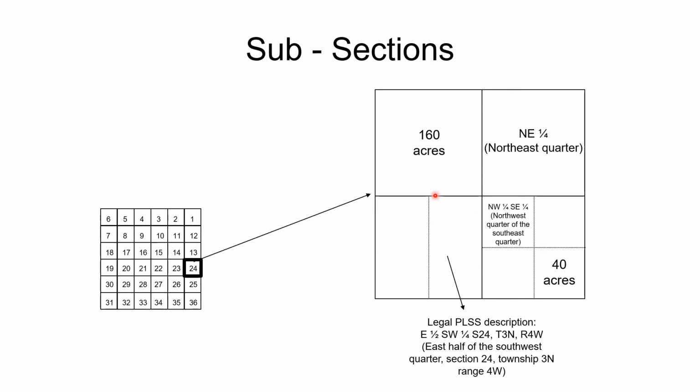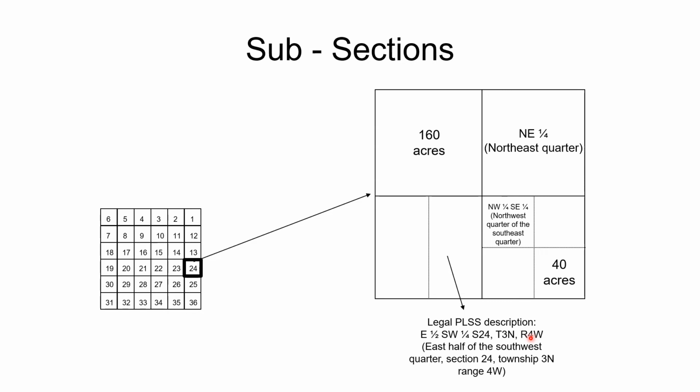Let's say this one. This one isn't subdivided in fourths. This quarter section was subdivided into halves. So the legal description of this parcel is the east half of the southwest quarter of Section 24, Township 3 North, Range 4 West.